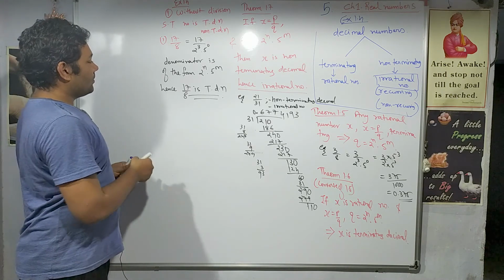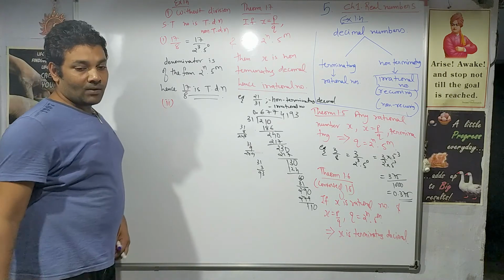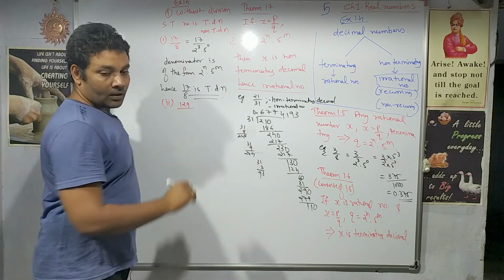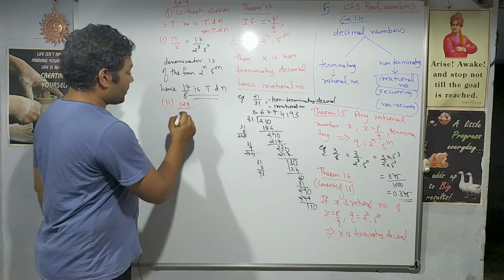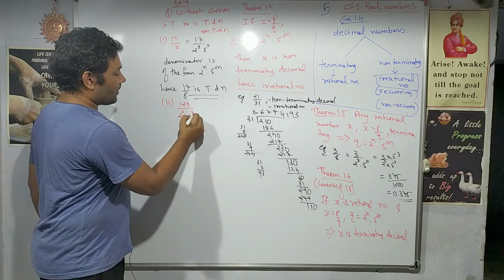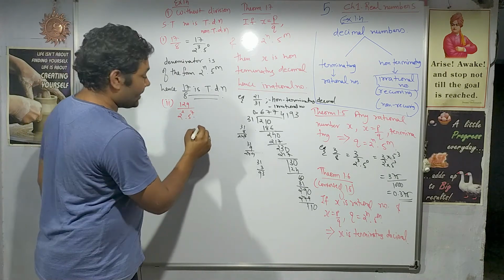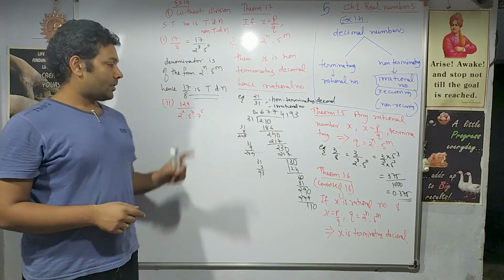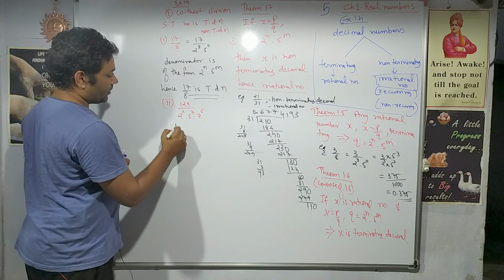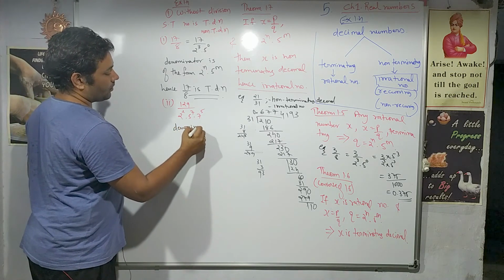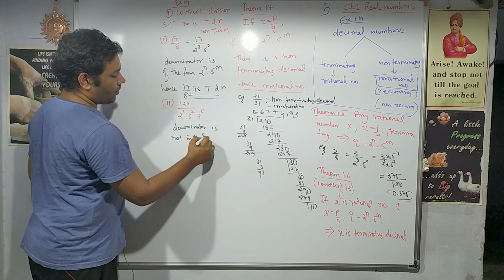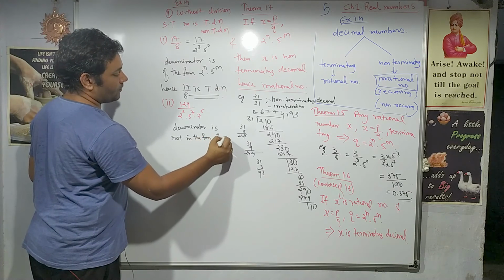Then the second question in the same category we have is 129 by 2 to the power 2, 5 to the power 7 and 7 to the power 5, right? So again, if we check the denominator, we can write down the answer here that the denominator is not in the form 2 to the power n times 5 to the power m, right?